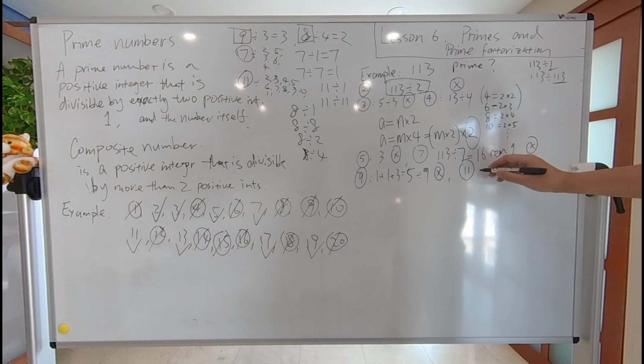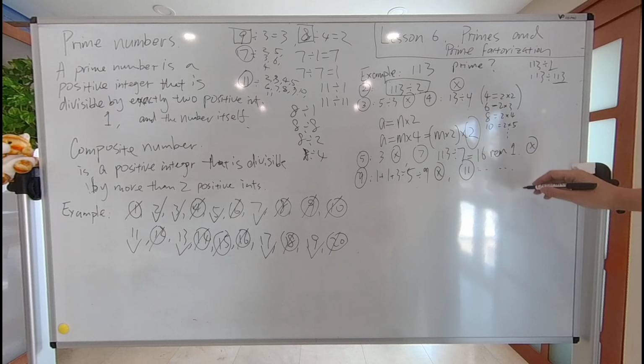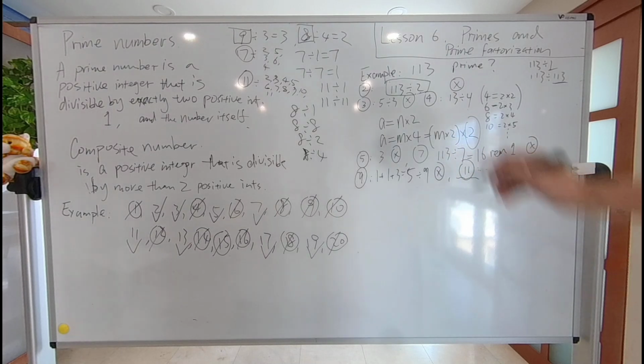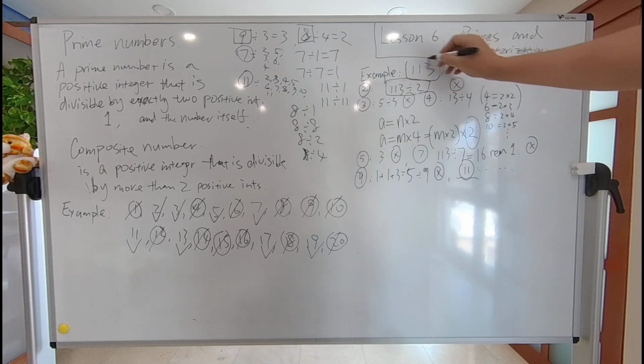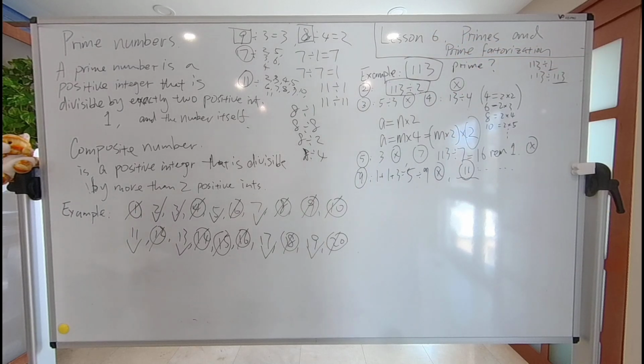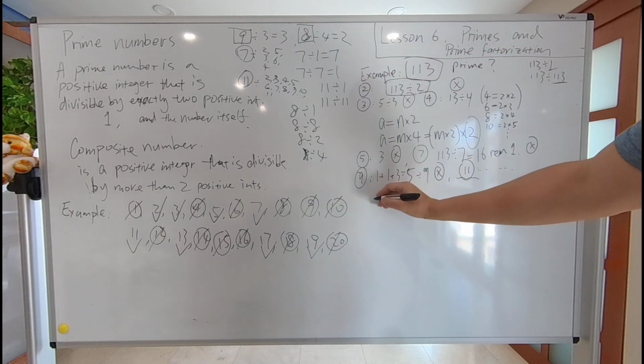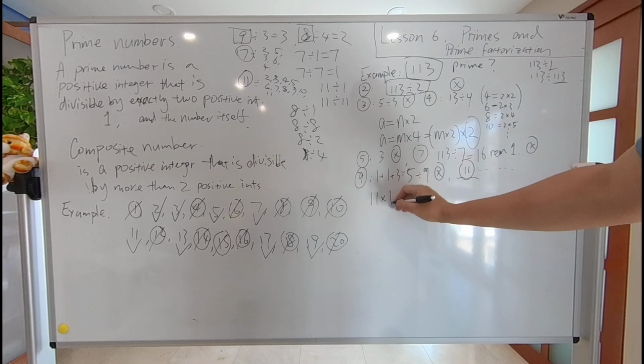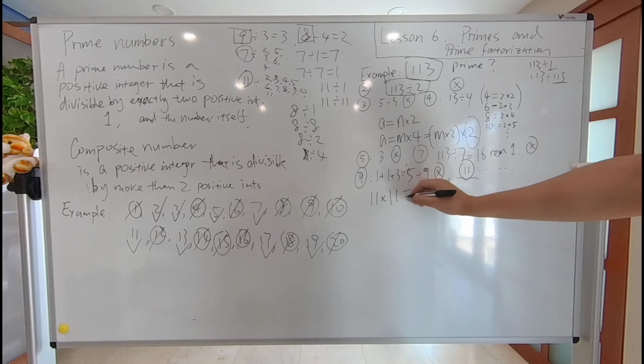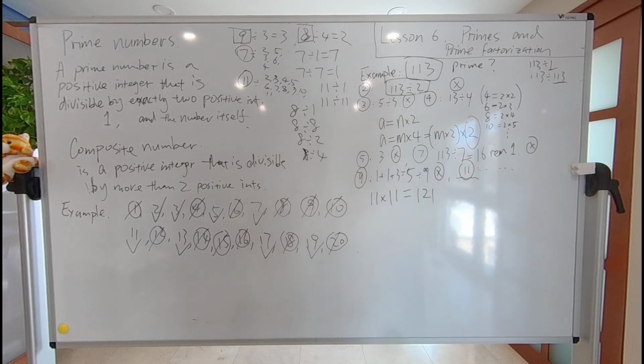Now we can keep checking 11, 12, 13, 14, but instead, when you reach 11 and compare it to your original question, you find that if I have 11 times 11, I get 121 already.